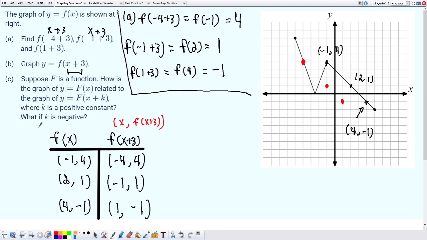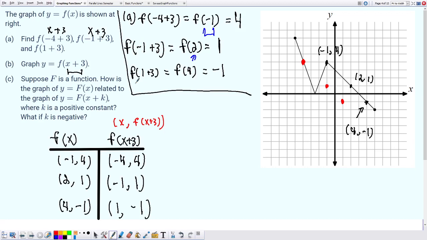Well, we note that when we were finding values on the original function, we wouldn't use negative 4, for instance, as the input. We were using negative 1 as an input, where negative 1 is negative 4 plus 3. We used 2 as an input because 2 is negative 1 plus 3.